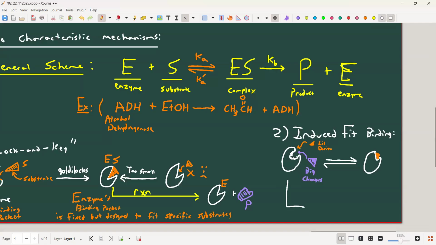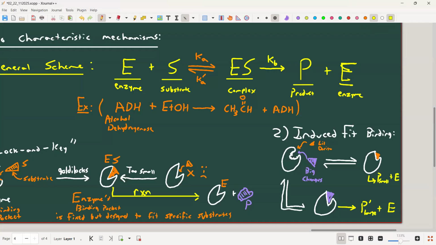But it can also widen the hole like this to fit our large substrate as well, and then proceed to release the product large plus enzyme, or P small plus enzyme. But there's an additional energy that's accounted for.